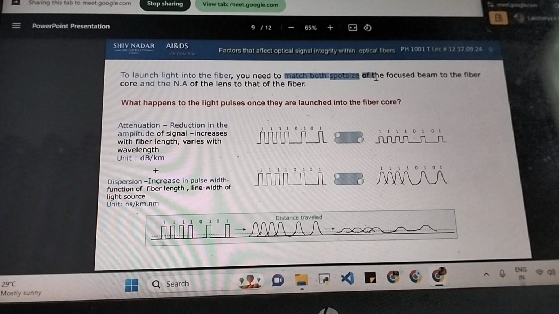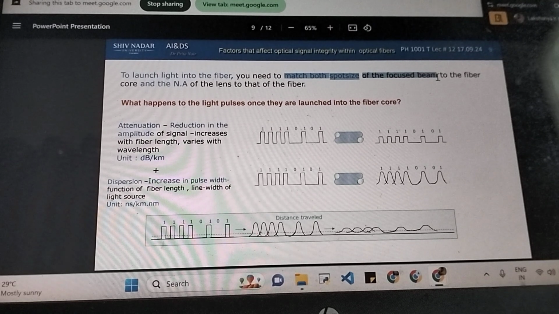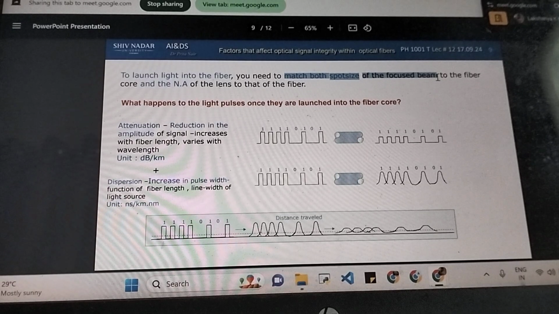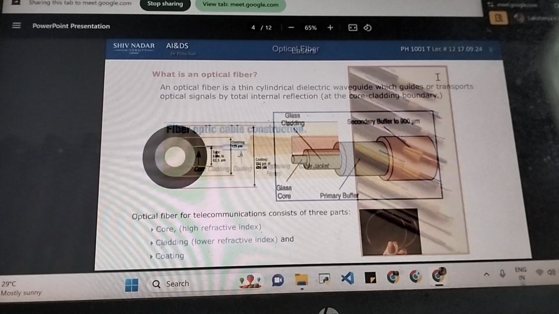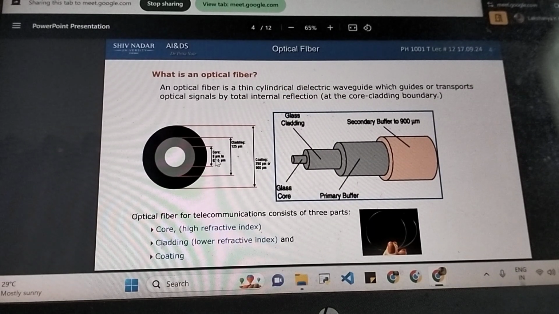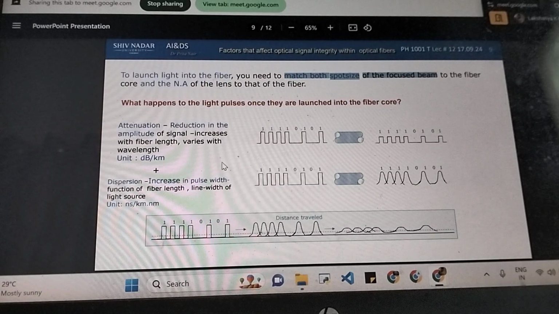Now, what do they mean by spot size of the focused beam? Your entire optical fiber is going to be a very thin cylinder. It's not as big as your normal PVC pipes. If you look at one of the earlier slides, the diameter of the core is from 8 microns to 62.5 microns, which is a microscopic size.